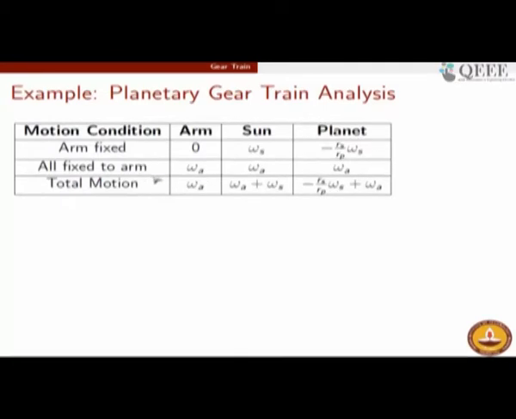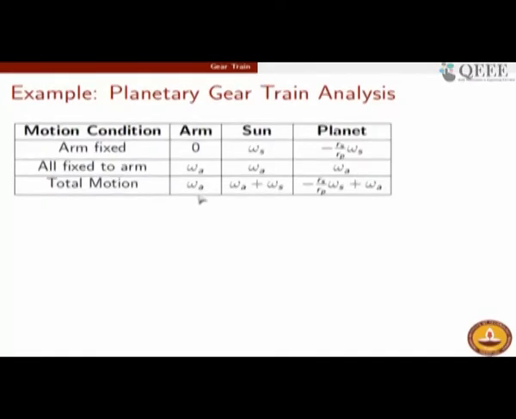So this line is even easier to analyze, that we simply say everything in this mechanism is getting tied up to the arm, and whatever is the motion of the arm, everything else will have the same motion. The idea simply meaning that you superpose the motion of the arm with the motion of the components of the mechanism with respect to the arm, right?